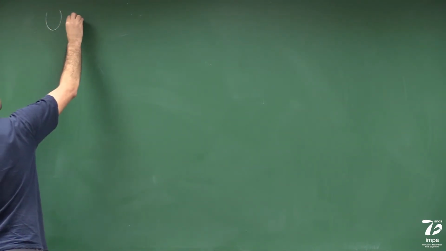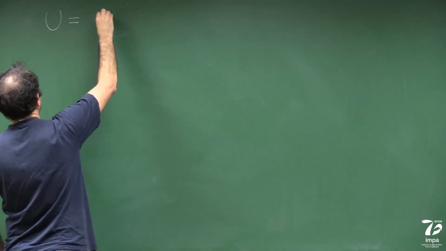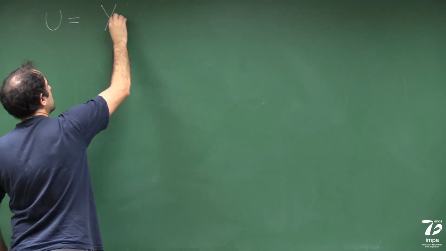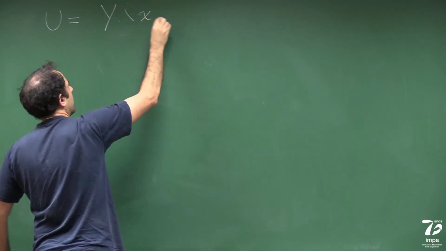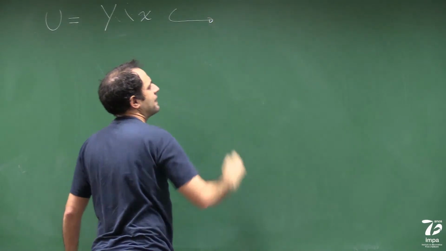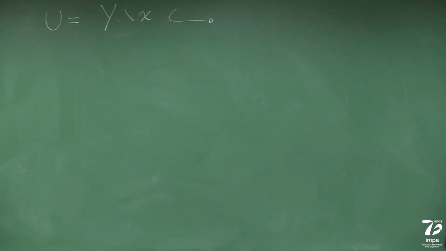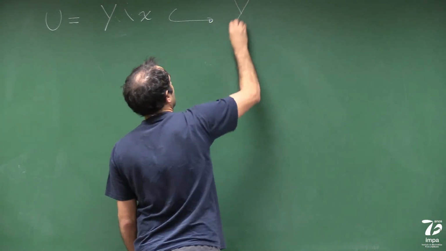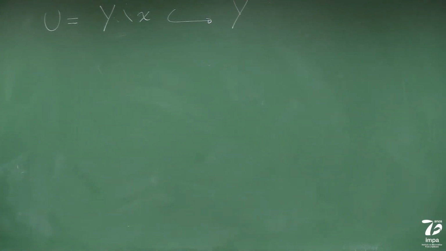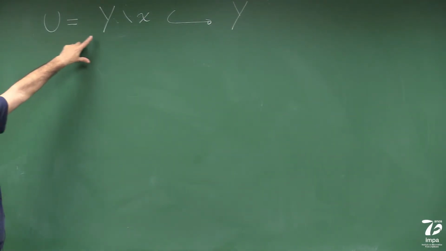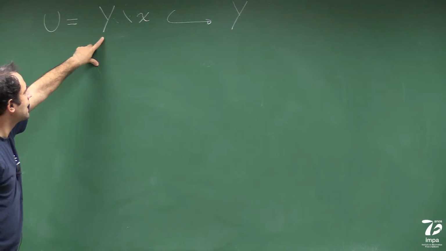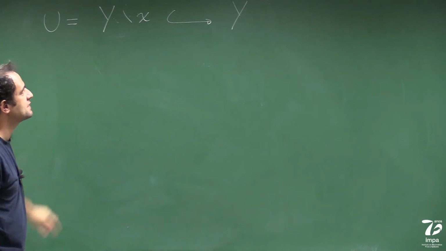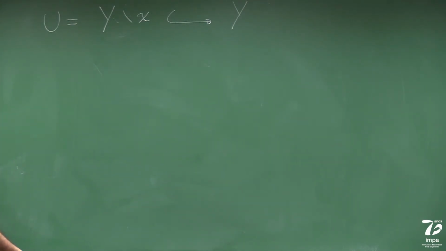Let me say that U is going to be Y minus the point X. This is open if my topological space is T1, for example, then points are closed, and that thing is an open subset of my topological space, although I don't need this to be open now. But that's typically the situation where we're working, where closed points, single element points in our topological spaces Y are going to be closed.